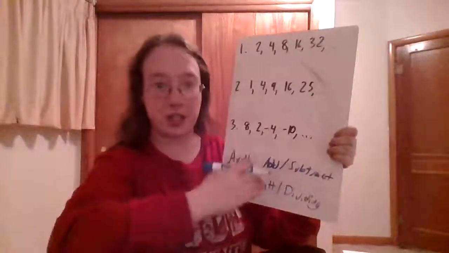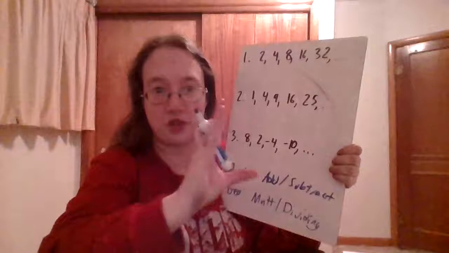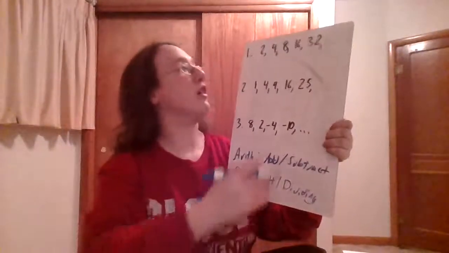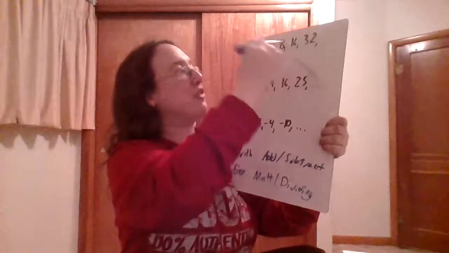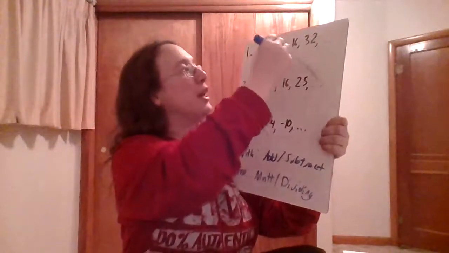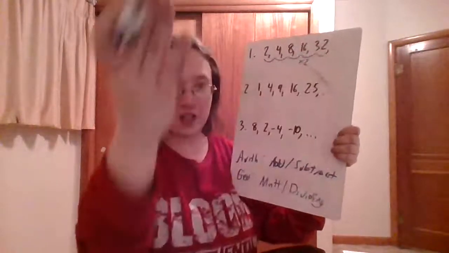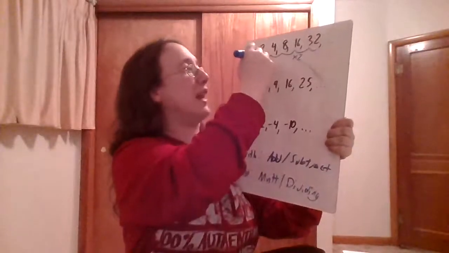So it's either arithmetic, geometric, or neither, and the big thing is not getting those two mixed around. Adding is arithmetic, multiplying is geometric. If we're looking at this one, we've got 2, 4, 8, 16, 32, so we're multiplying by 2 to get to the next thing. If that's not jumping out at you right away, you can say, well, if we were adding, we'd be adding 2.